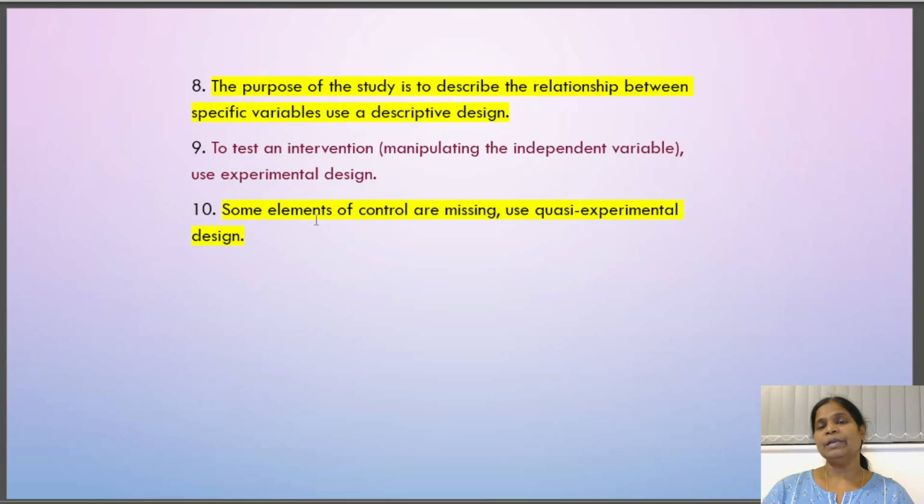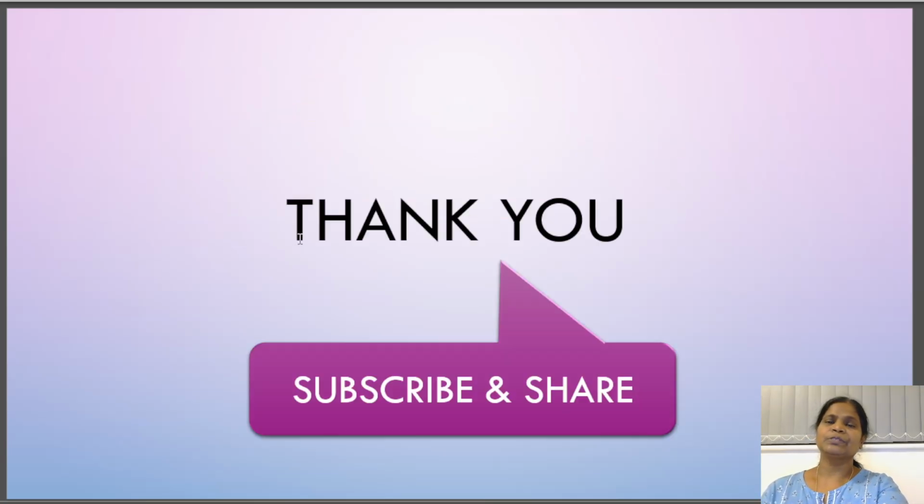If some elements of control are missing, then you go for quasi-experimental design. So these are different types of methods where you can use this study, and this is the end of the research process.